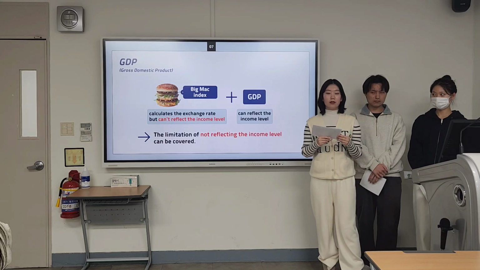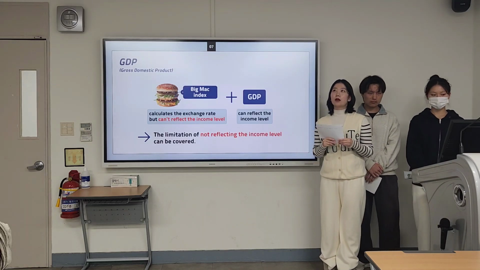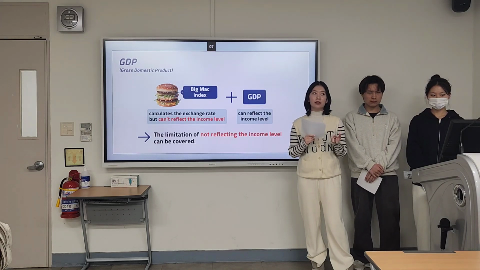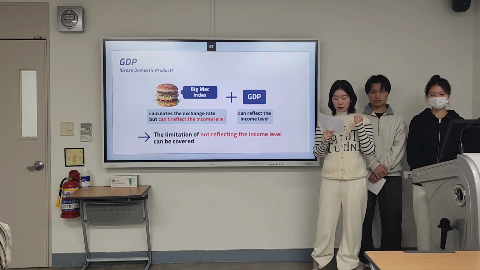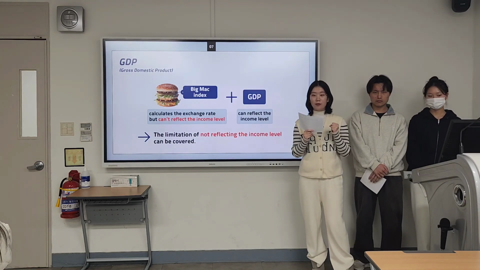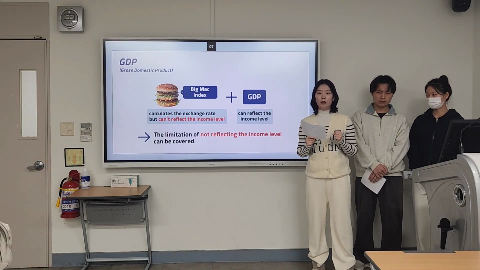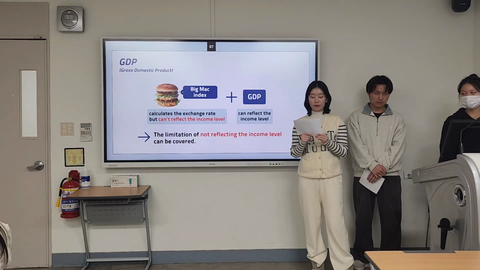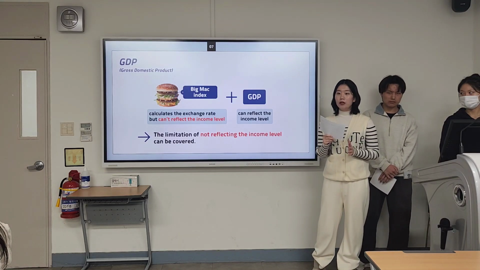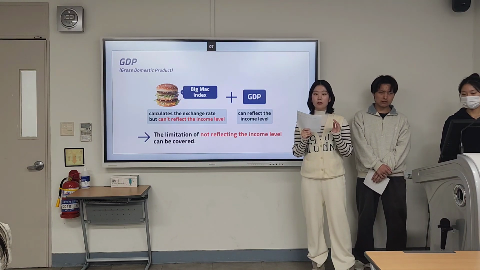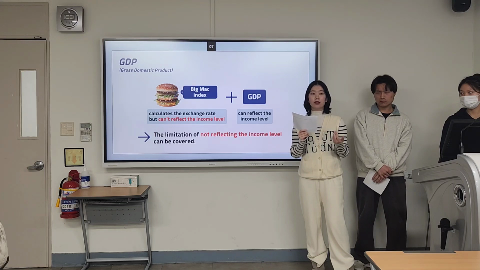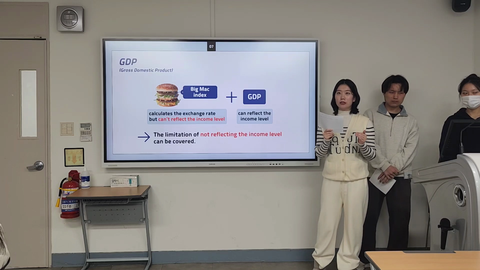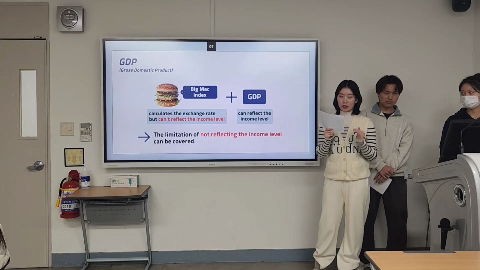GDP can complement the limits of the Big Mac Index. The Big Mac Index only reveals the limited cost of creating the Big Mac, but cannot reveal the national income. On the other hand, GDP can present the level of national income based on the size of the country's economy.